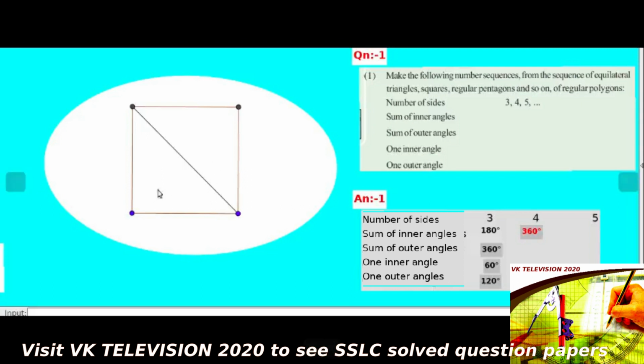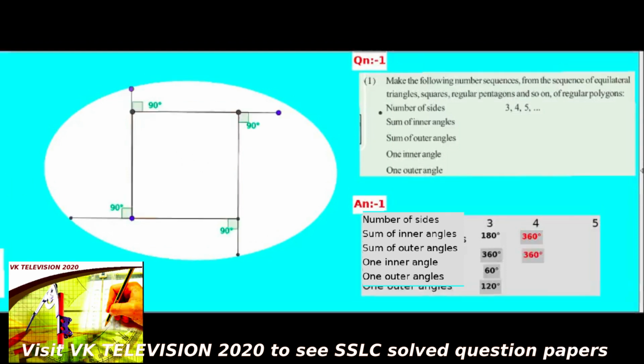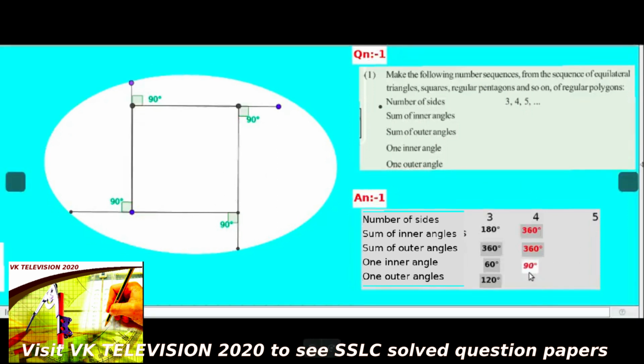We know that the sum of inner angles of a triangle is equal to 180. So sum of these two triangles equal to 2 into 180, that is 360. We know that each of the inner angle of a square is equal to 90 degree. So one outer angle is equal to 360 by 4, that is equal to 90.